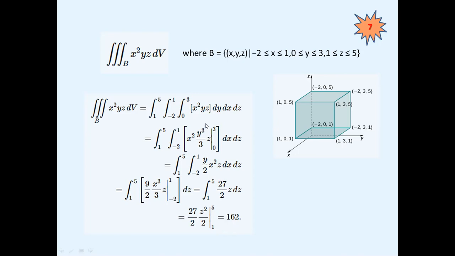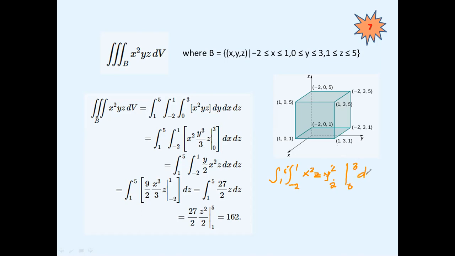I think there's a typo here, because if you will integrate in terms of y, let me just annotate here so you have a correction. Your next integral would be 1 to 5, and you have negative 2 to 1. I'll just copy this one. So x squared z, I will have the y to be y squared over 2, and then your limits would be from 0 to 3.